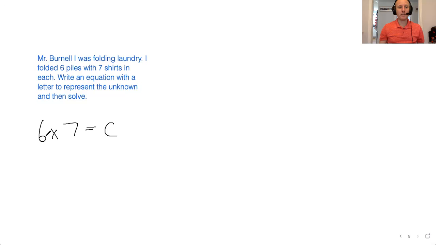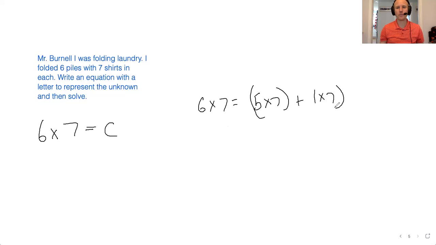Now, instead of doing 6 times 7, this is where it's really helpful to use a 5 fact. So I might say 6 times 7 is the same as 5 times 7 plus 1 times 7. And by doing that, I can now say, well, I know my 5 fact, that's 35.